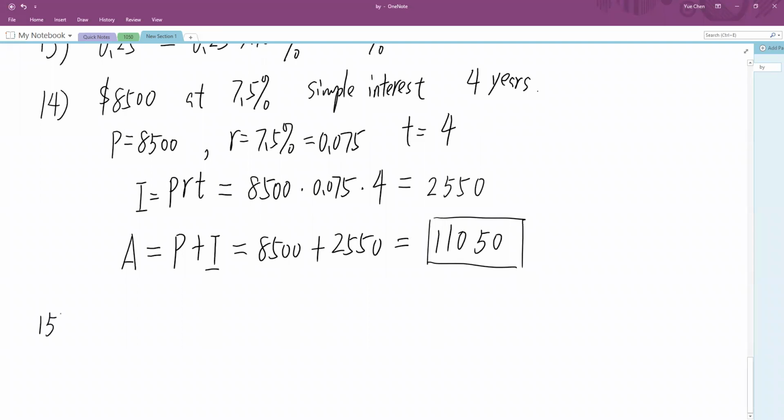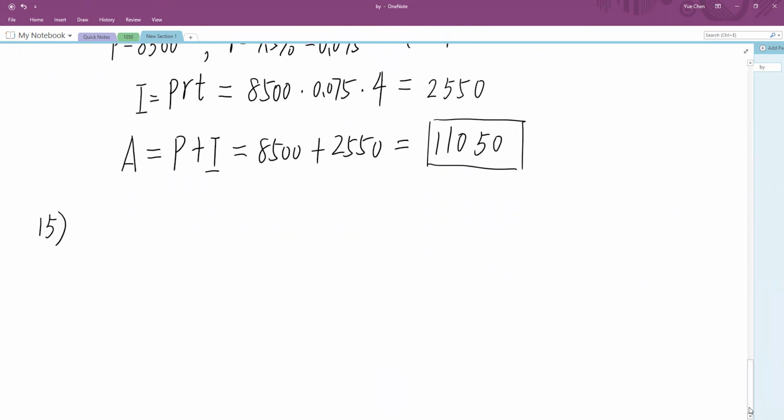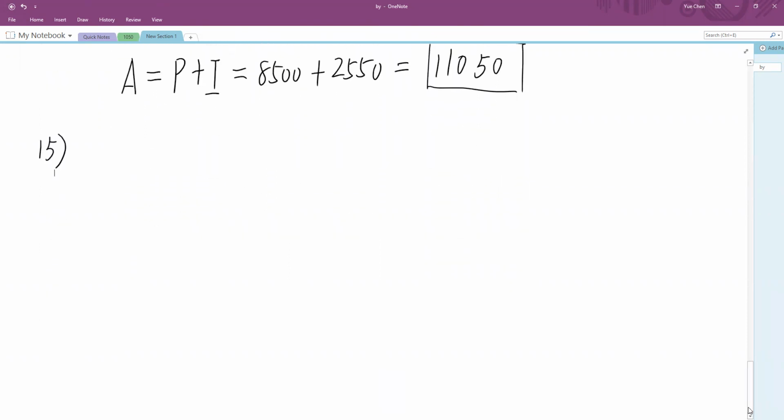Number 15 is an investment. An investment of 12,000 at an interest rate of 7% compounded continuously.